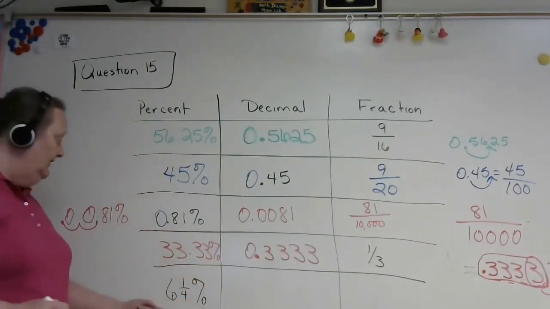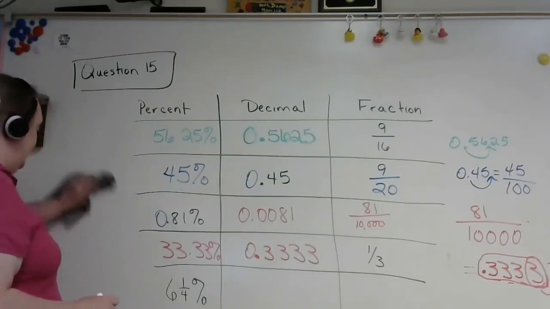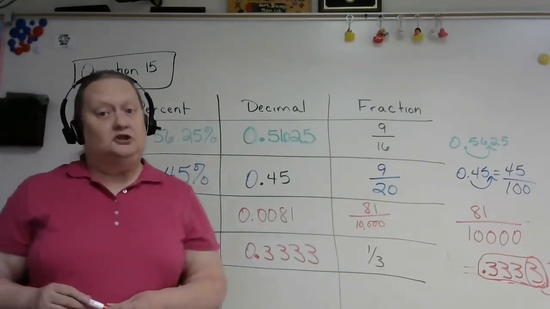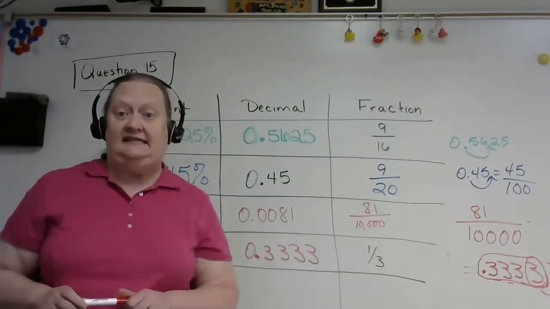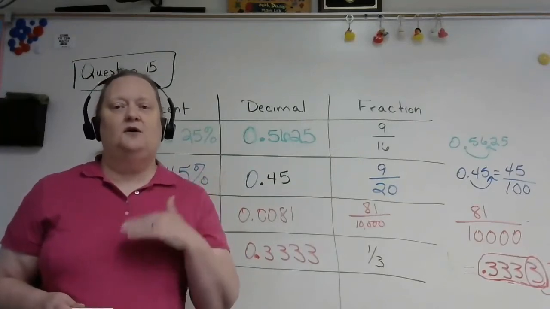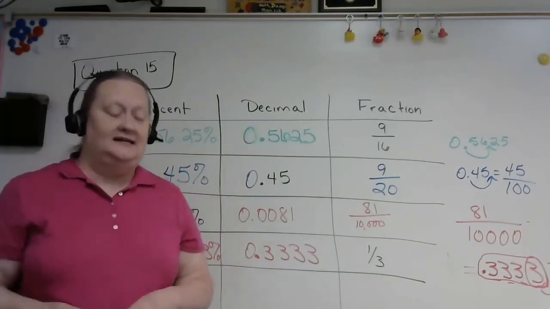Now we're left with this last one, which is 6 1/4%. And this is things like you might see in a bank. You know, they're going to charge you 6 1/4% interest. So one of the things that you want to do first is convert the 1/4 into a decimal.